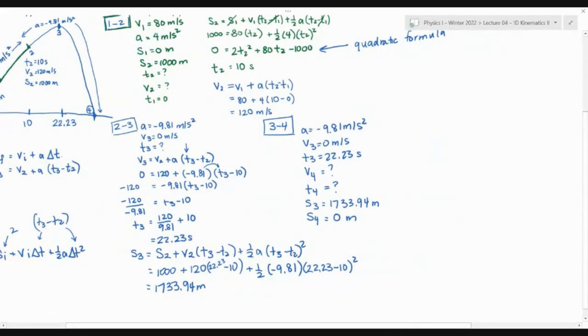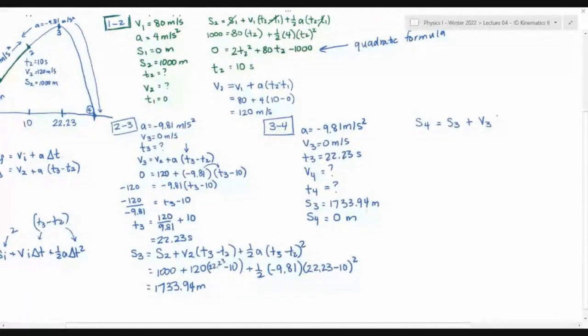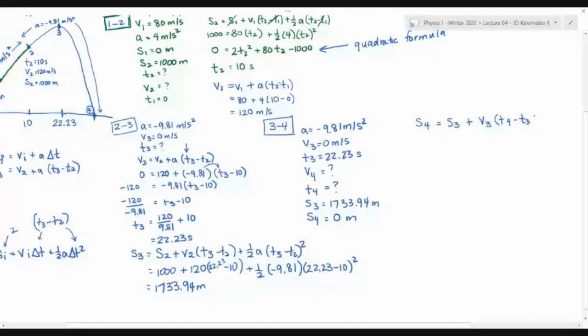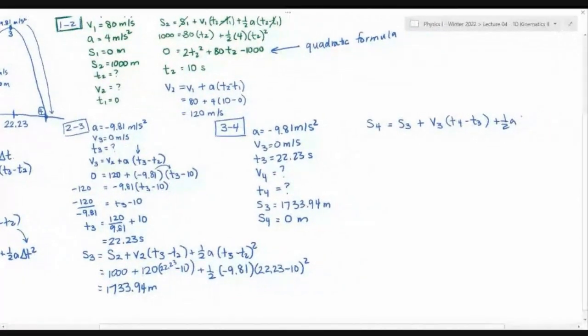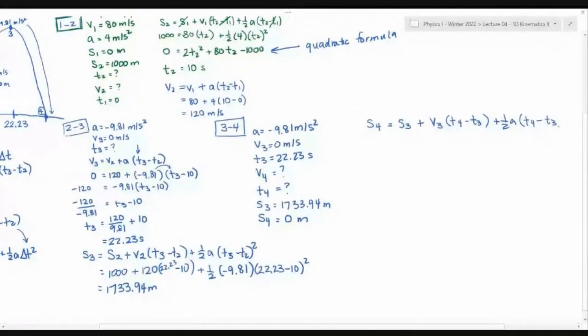So let's do delta S, or S final, S4 equals S initial, which is S3, plus V initial, which is V3, delta T, which is T4 minus T3, plus 1/2 A delta T, which is T4 minus T3 squared.